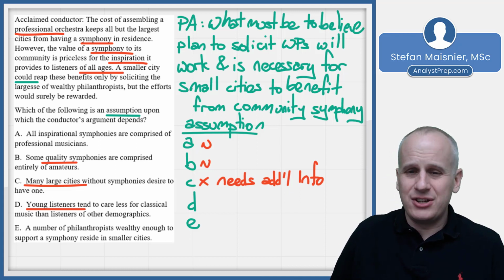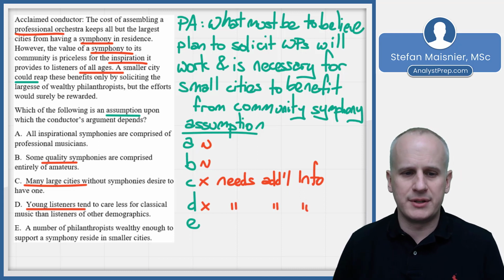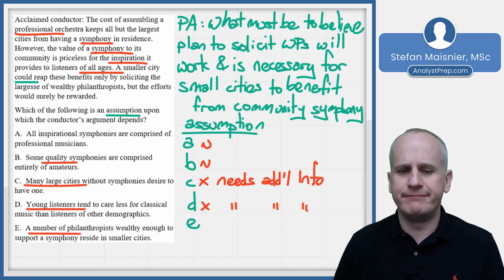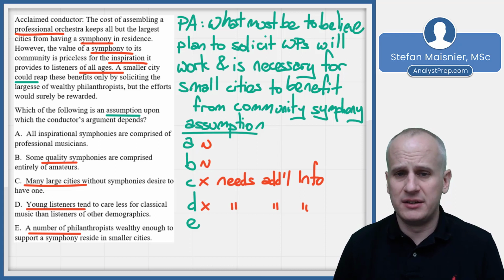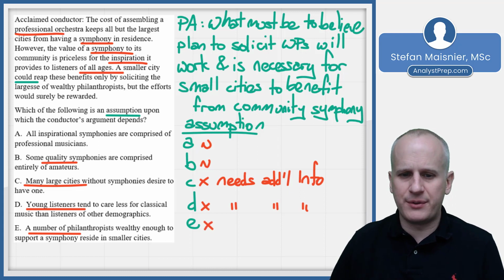It says listeners of all ages, but we don't care to call out specifically young listeners, at least according to the argument. So that too would require additional information, and we can eliminate choice D. And then, a number of philanthropists wealthy enough to support a symphony reside in smaller cities. Well, a number. What number? Is it one? Does this person want to give to a symphony? I have more questions than answers from choice E, so that too can be eliminated for needing additional information.